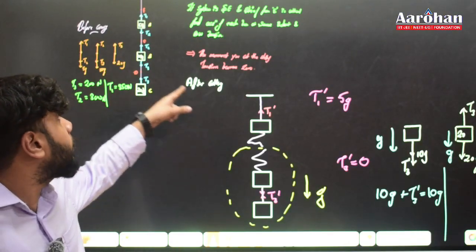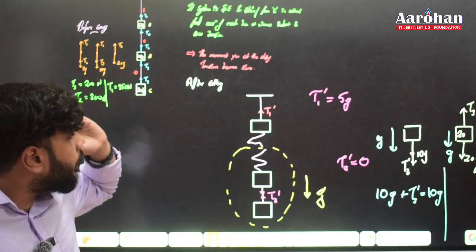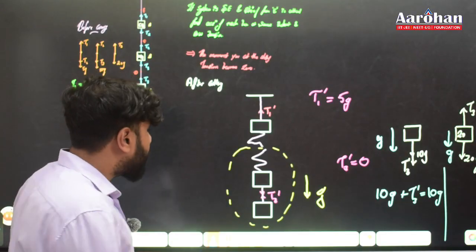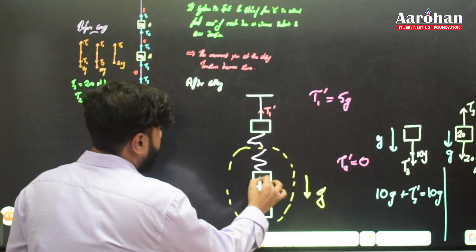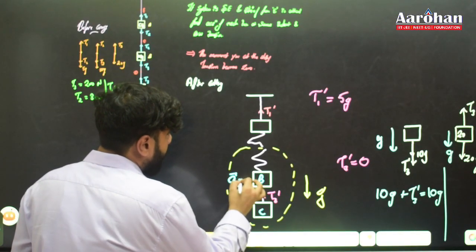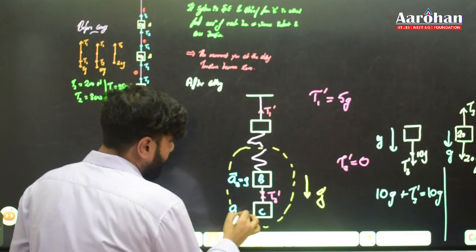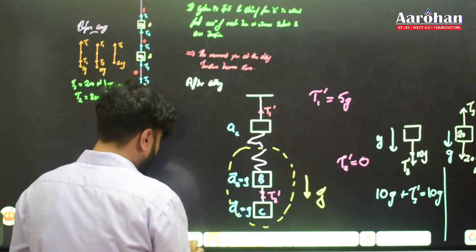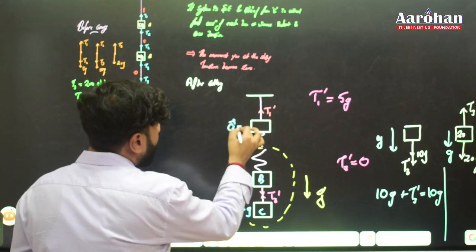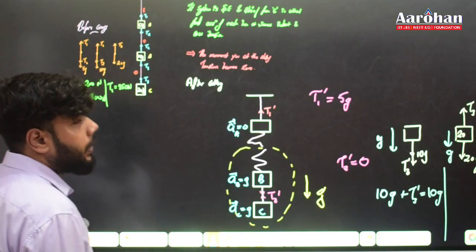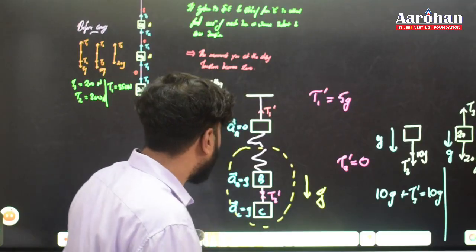So the only tension you will see is in that top box, and it will also decrease. So the moment you cut, the acceleration of B and C will be equal to G, but this will be 0. We can also verify: T1 dash is 5G, downward is also 5G, so it is in static equilibrium.